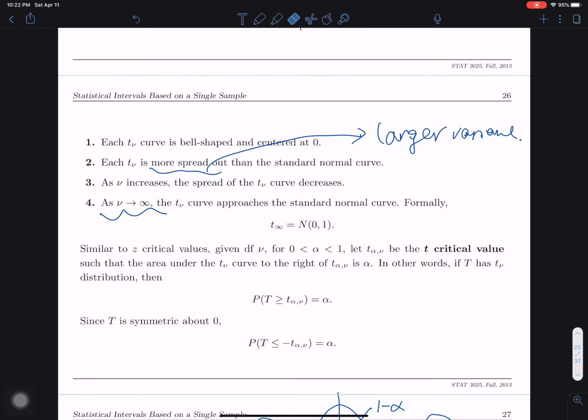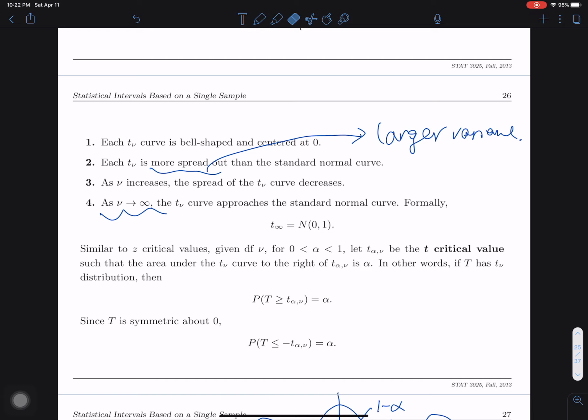So, 4 properties of the t distribution. The first one is the t curve is always bell-shaped and centered at 0. This is not the same as the normal distribution, because the normal distribution may not be centered at 0, right?